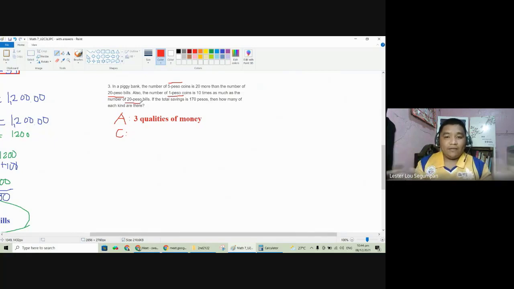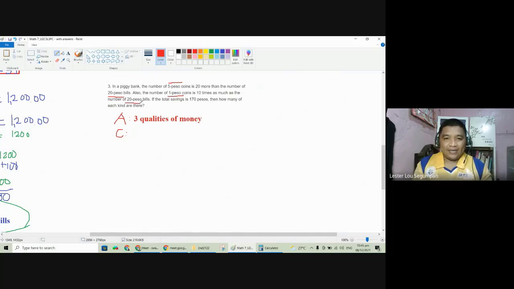But there is no given situation here that the number of 5 peso coins is connected somehow to the number of 1 peso coins. This would mean that both of these two quantities, the 5 peso coins and the 1 peso coins, are connected to one, or the third type of money, which is the 20 peso bills.